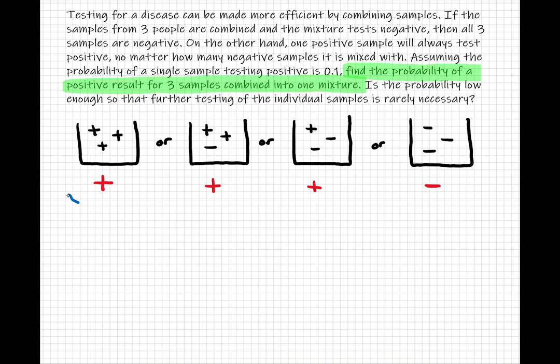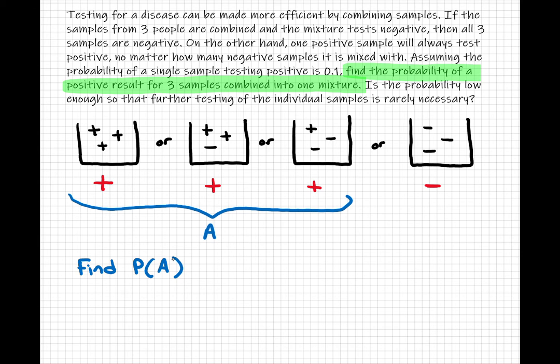So that's our event. So our event is the overall result is positive, and we want the probability of A. So we want to find P of A, probability of a positive result.